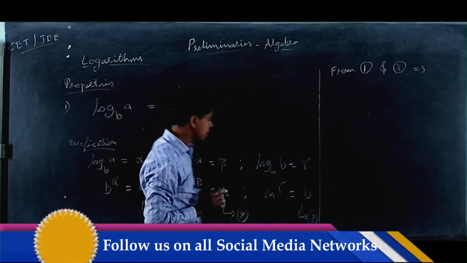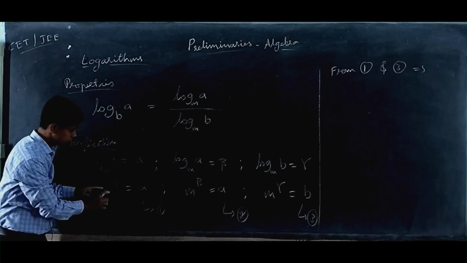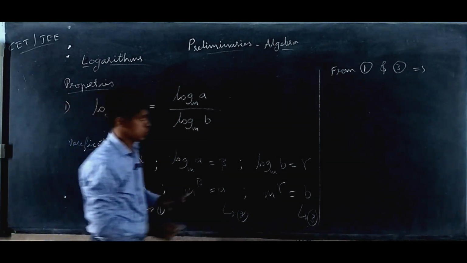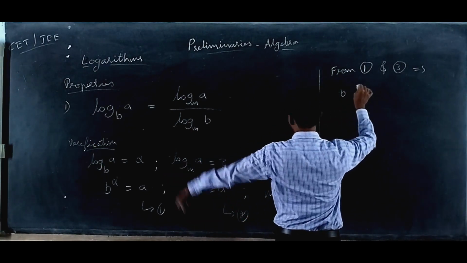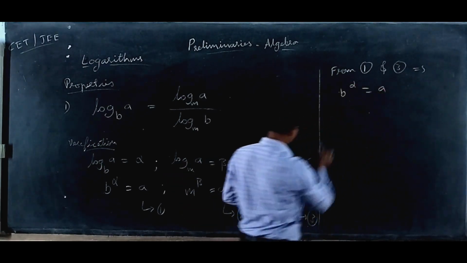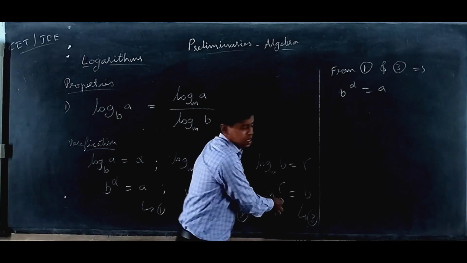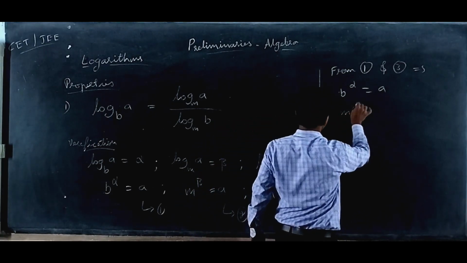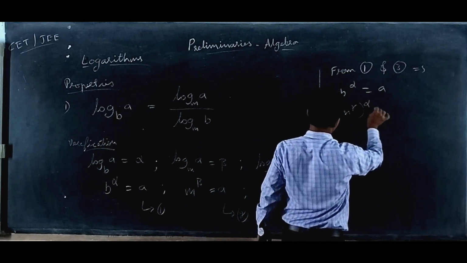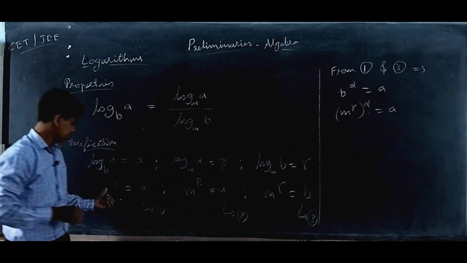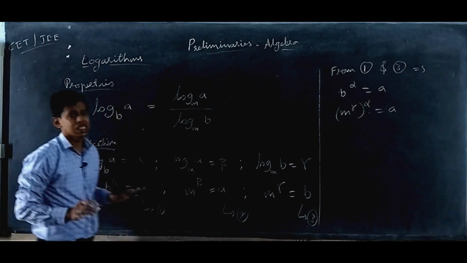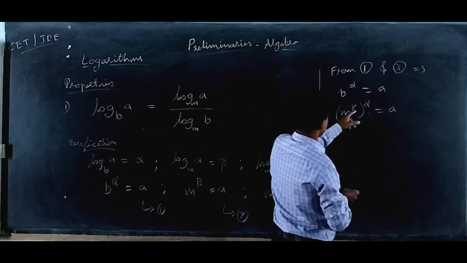So from the first and third, see what I'm going to replace is this b. So in place of b, what I'll write now? So b is m raised to gamma, and this alpha, and that is equal to a. I hope you have understood. I have taken this equation, replaced b, that's it. Now look at this.